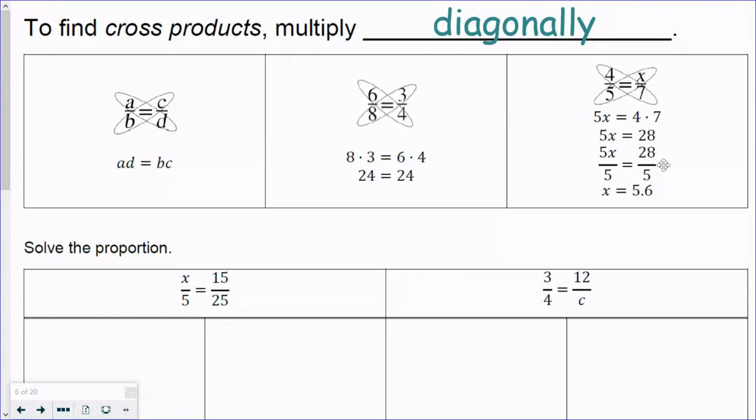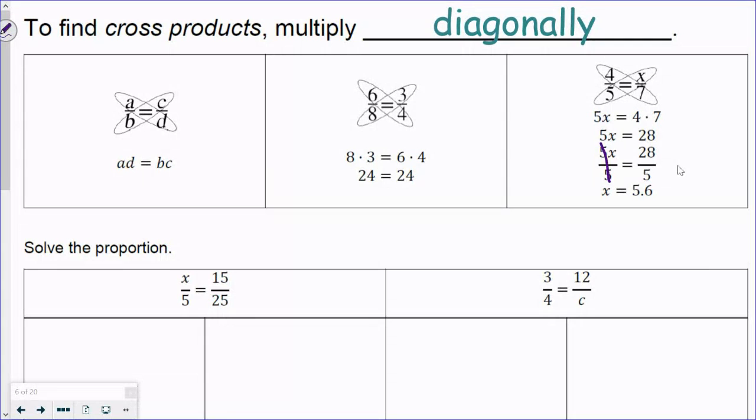And then look, we have a one-step equation right here. We've done that before. This is multiplication. What's the opposite of multiplication? Division. When I divide by my 5, those two cancel out.